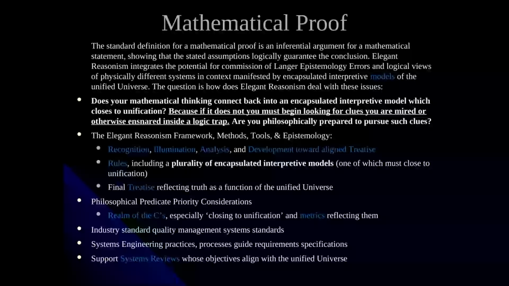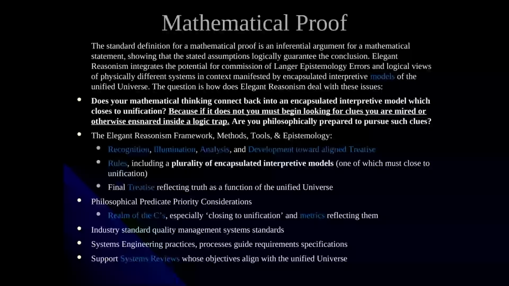And that just intrinsically requires systems engineering practices, processes, and guiding requirements for specifications for different things. And so we want to make sure that we're engaging the systems engineering kinds of skills to go through these kinds of thought processes and documentations, et cetera.